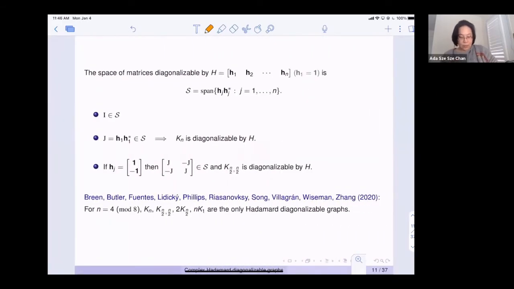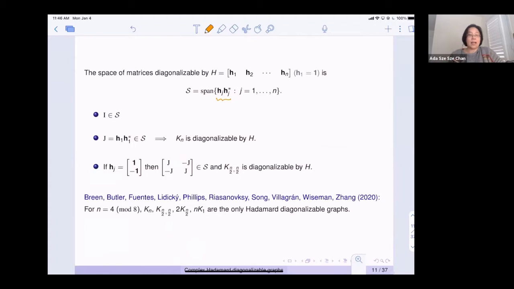Okay, so let's see what we can say about these matrices. Now, given a complex Hadamard matrix H, if I just want to write down basically the set of all matrices diagonalizable by H, it's actually very easy, because all I have to do is to take each column and compute this outer product, okay? And then that will give me a basis and take the span. So I have an n-dimensional space.